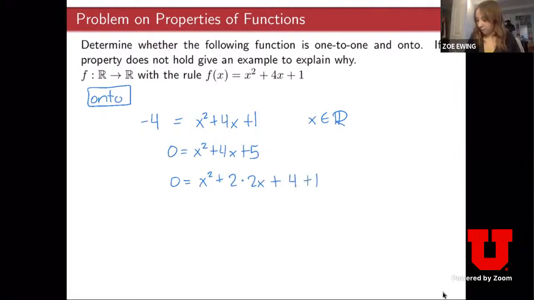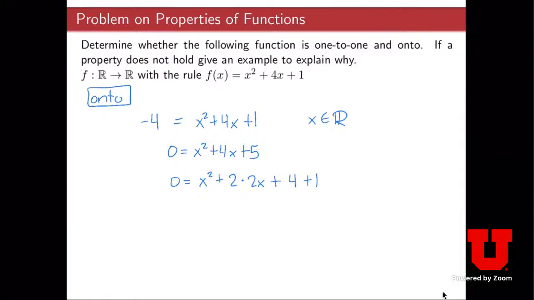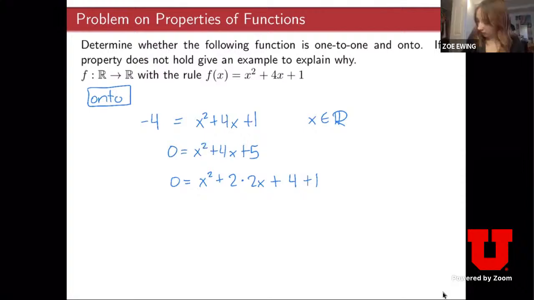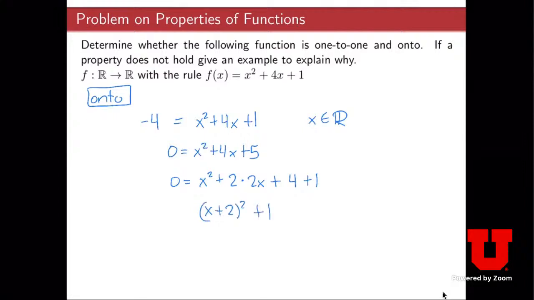Okay. So we have x plus 2 squared plus 1. So it's going to be always greater than 1. Okay, yeah.